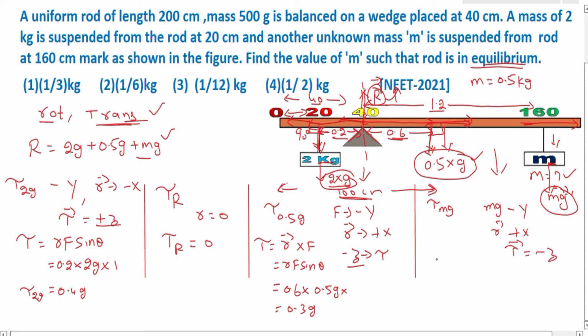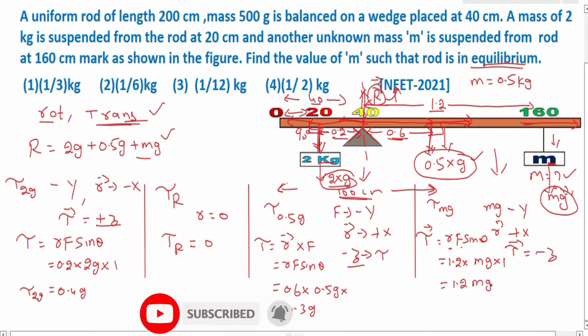Its magnitude is torque tau equal to rf sin theta, where r is the distance from my axis to the weight mg, that is 1.2 meters, into force mg, and the angle between r bar and f bar is 90, so sin 90 is 1. That is equal to 1.2 mg torque.